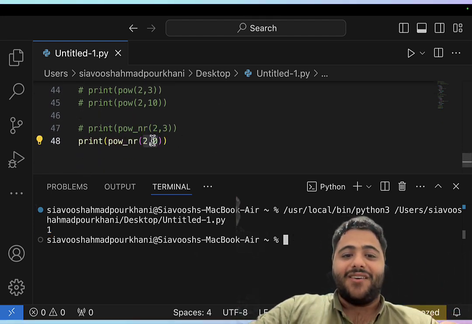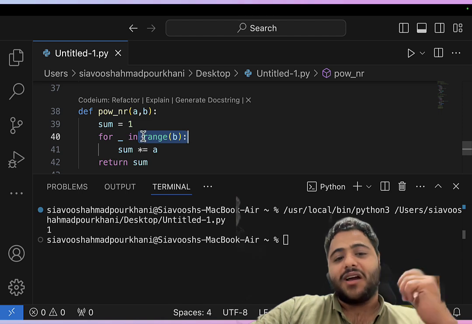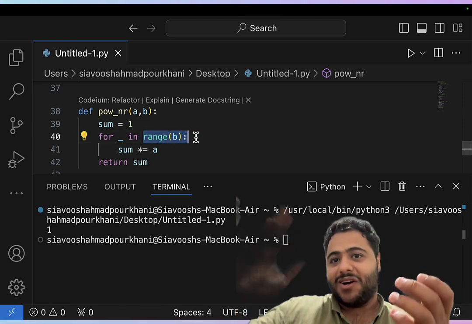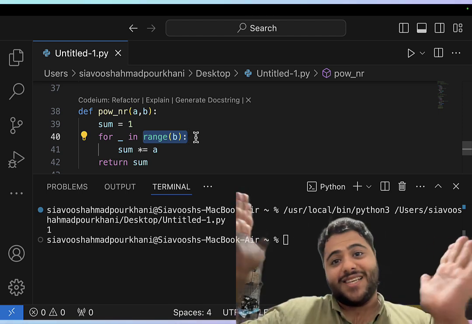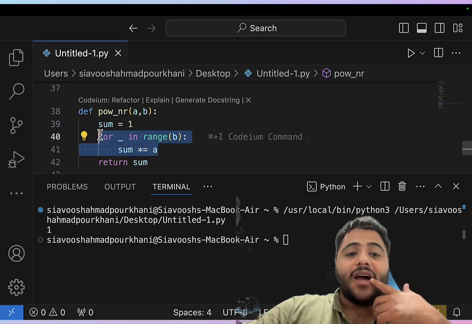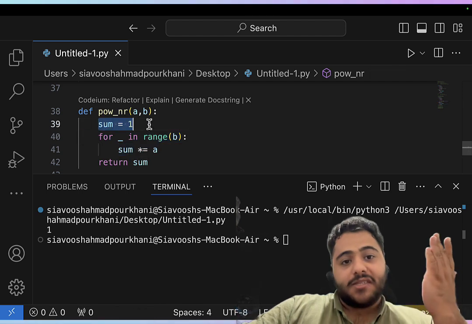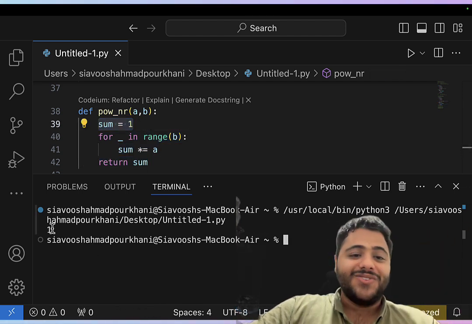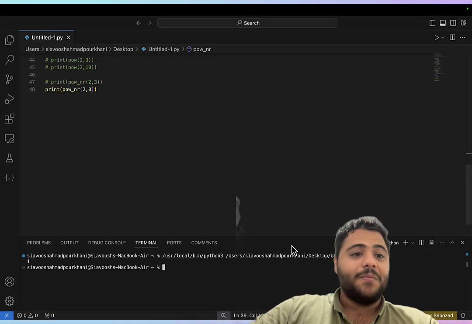Because range 0 means never in Python, because it starts from 0 and goes up to 0, which is excluded, so the range is empty. The for loop never runs, and it never triggers. So the sum is what it was from before, and it is 1. So anything to the power of 0 is still 1.